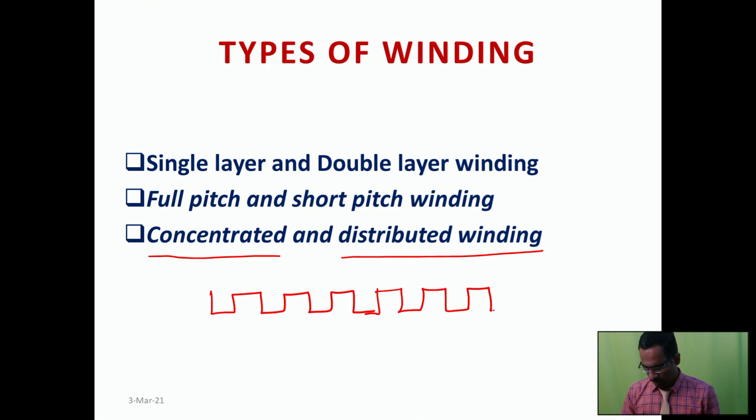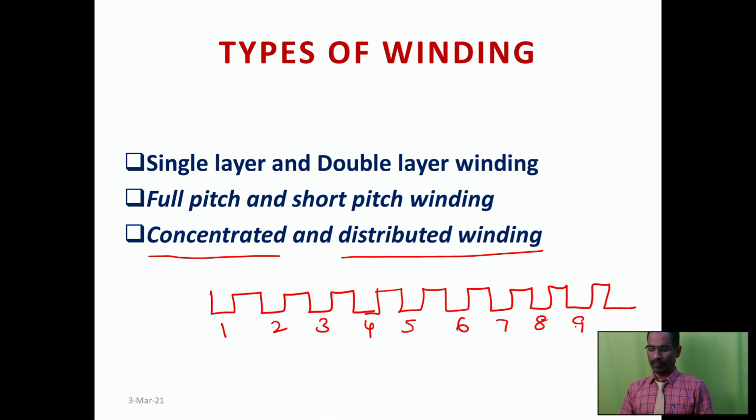Under each pole I am having 9 slots. So these 9 slots are responsible for one pole. Here I am mentioning it as north pole, first north pole. Here I have 4 poles. So in these 9 slots, I am going to place the coils.